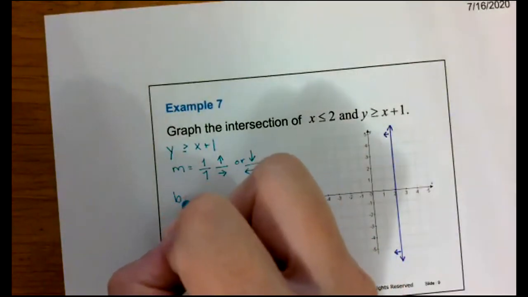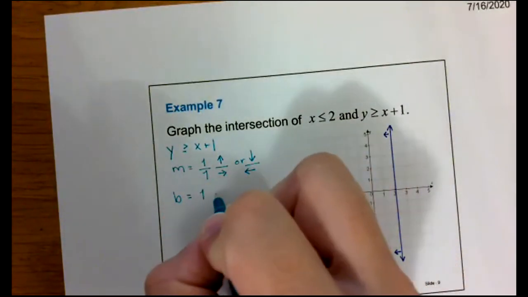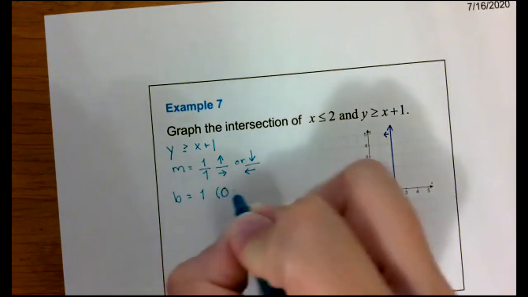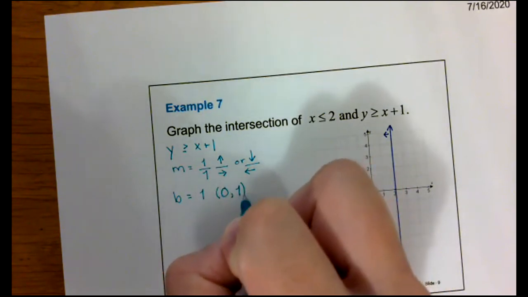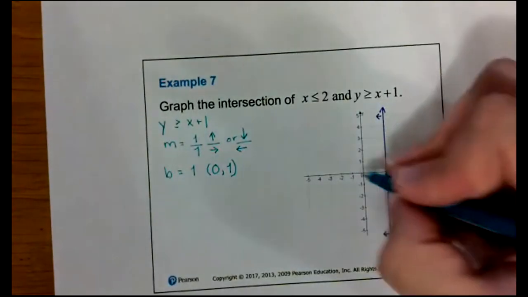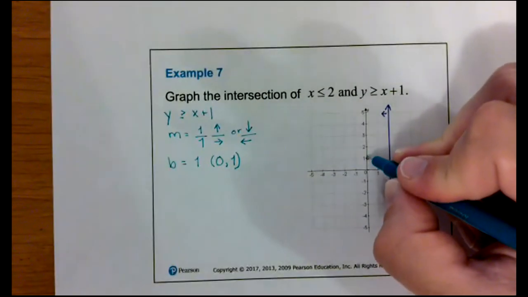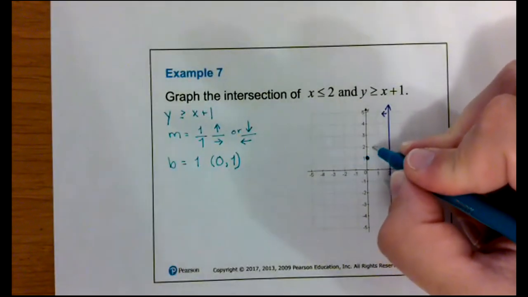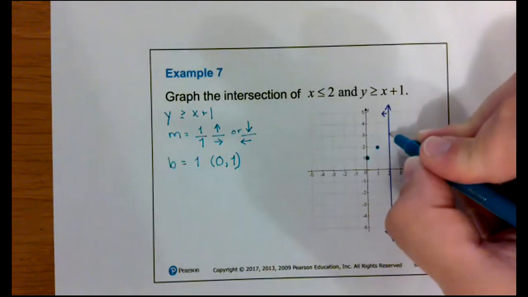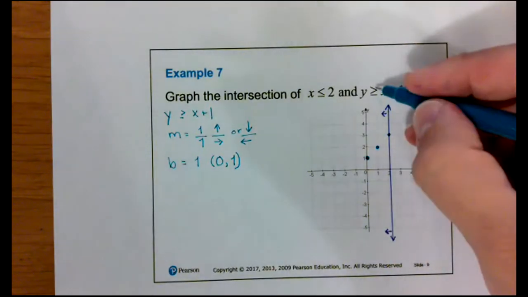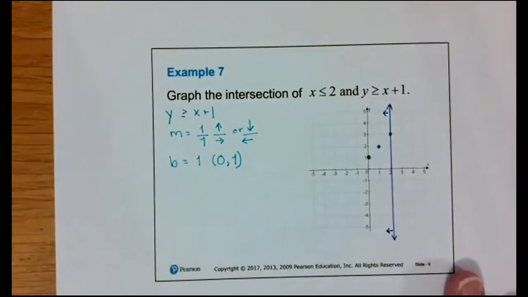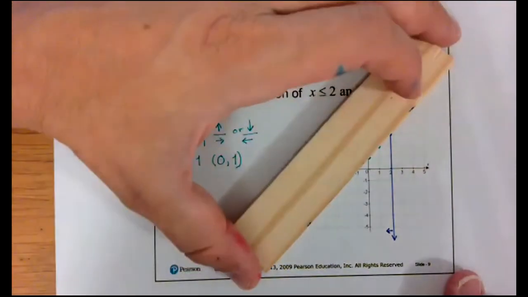And then my b, my y-intercept, is a positive 1. So I start at x 0, y 1. So x 0, y 1 is here. And then I'm going to go up, over. Okay? It's greater than or equal to, so that's also a solid line. So I'm going to make that one solid.